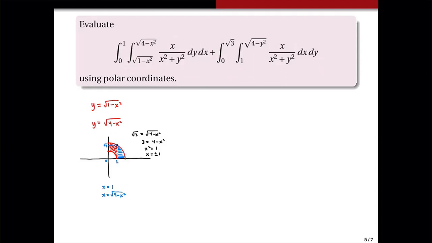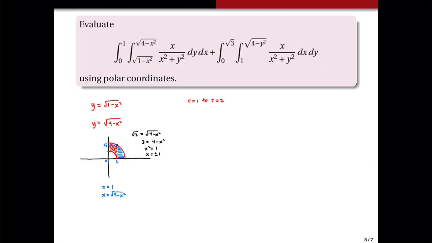If you are going to use this region and convert it into polar integrals, your r will be running from 1. Let me write it here. Your r will be from 1 to r equals 2.